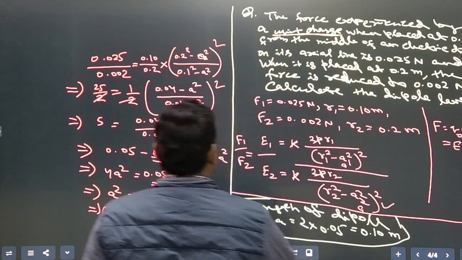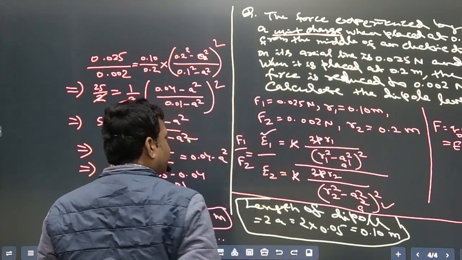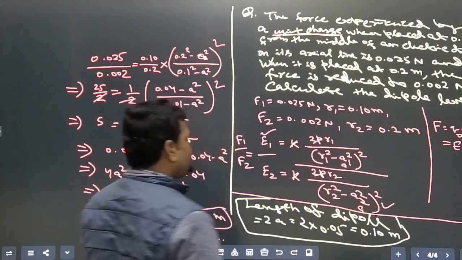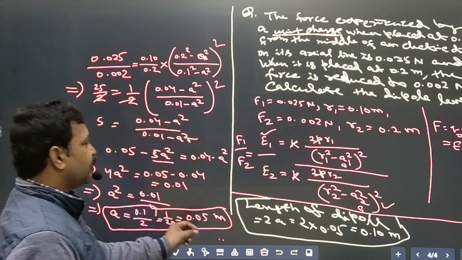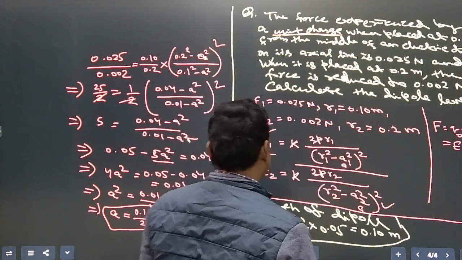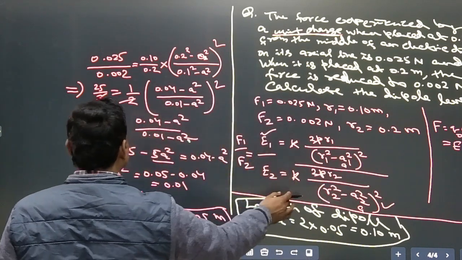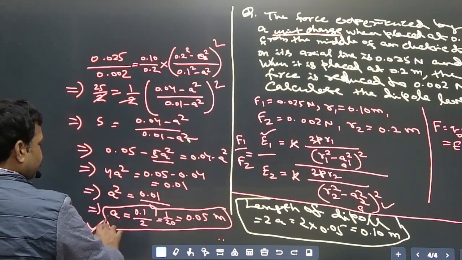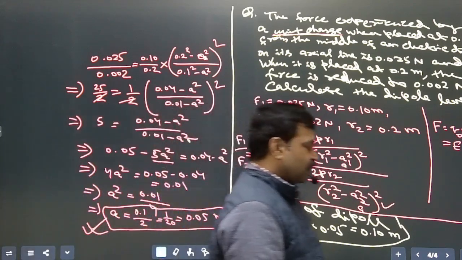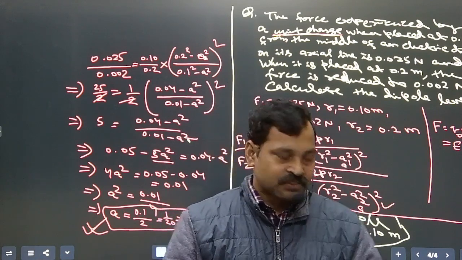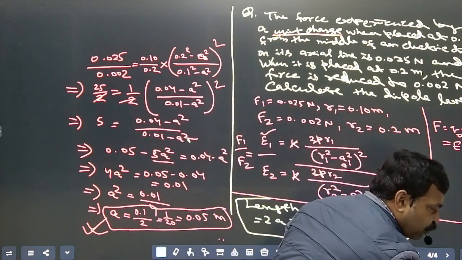And the formula for the electric field intensity will be using the axial line, the electric field due to a dipole on its axial line. So this is K 2P R upon R square minus A square whole square. So the same formula we have used and we have taken the reciprocal, then finally we find this answer. So you can understand this one. This is a good question and conceptual based. So you should prepare for your exam.